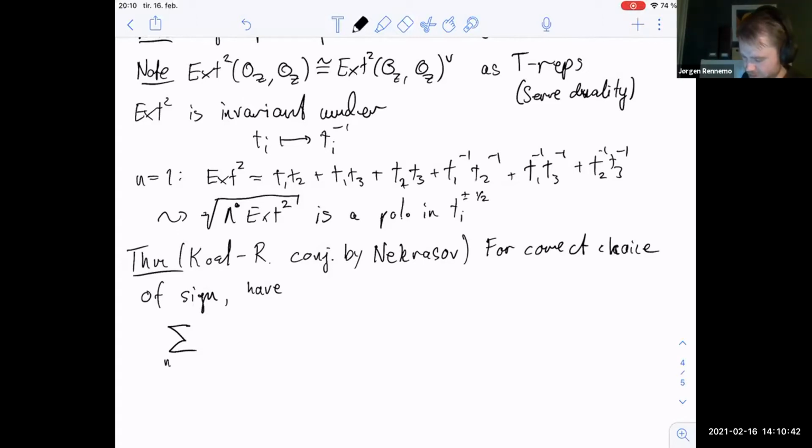We take a sum over M_n, and then we have to add in some further insertions and make this a slightly more complicated K-theory class.